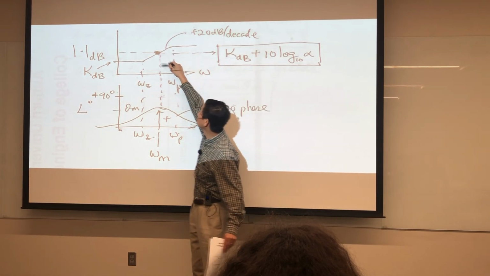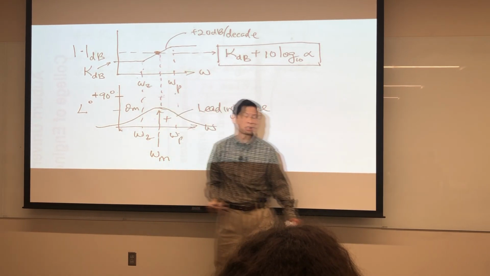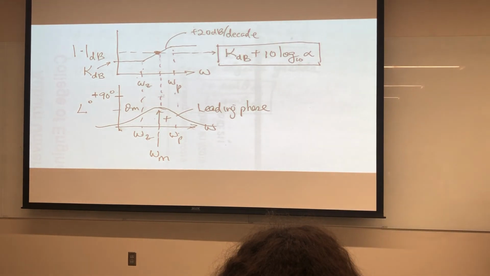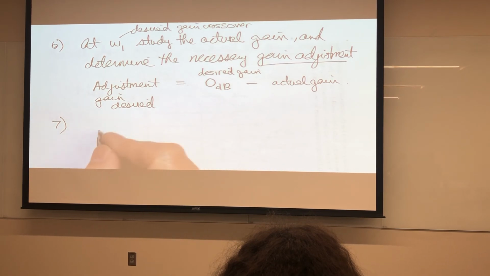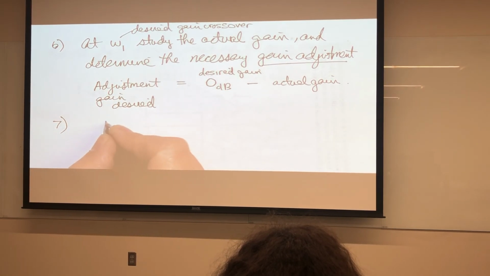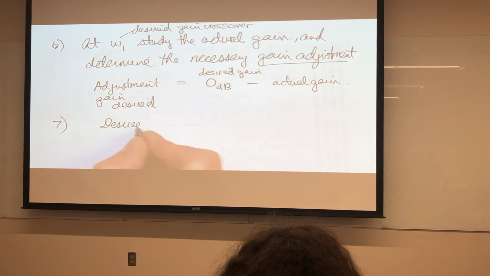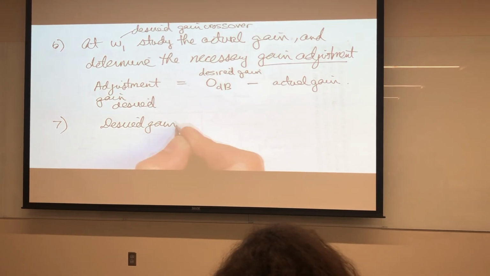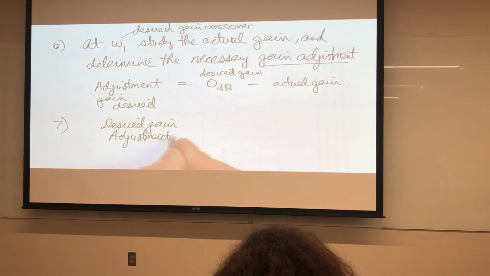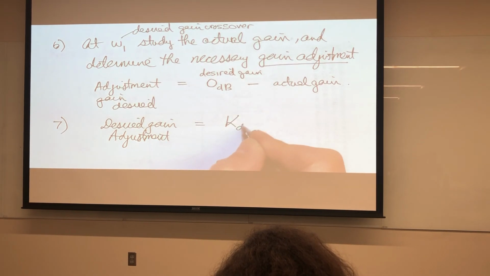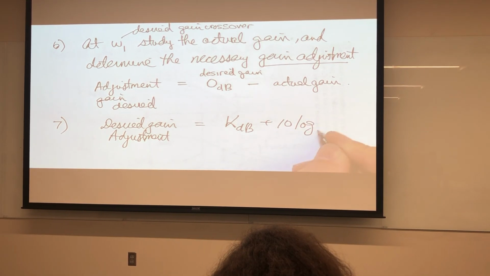So what we want to do is make this equal to the desired adjustment. So we set the equation: desired gain adjustment we set equal to K in dB plus 10 log alpha.